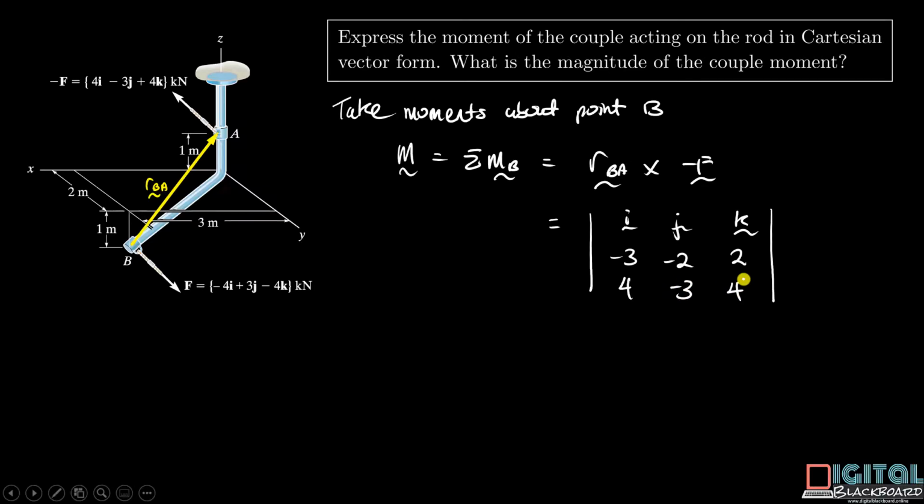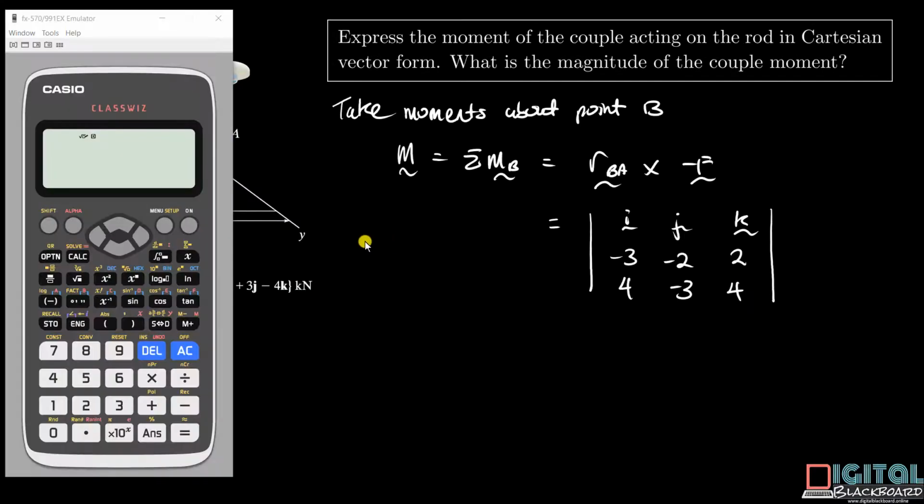To compute this cross product, we can use our Casio calculator. So we choose menu, go to the vector option, and then define our vector A. Dimension is 3. First element is minus 3. Second element minus 2. Third element is 2.